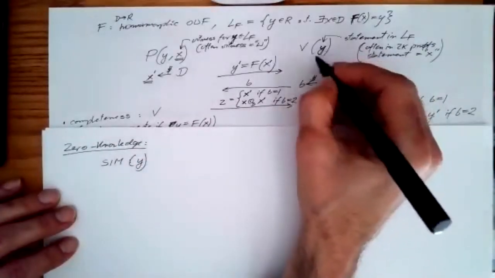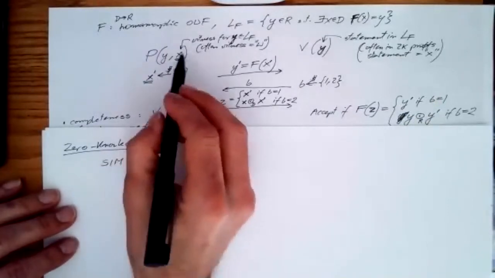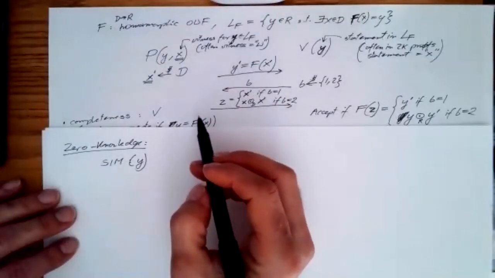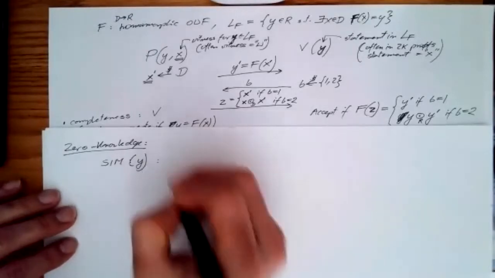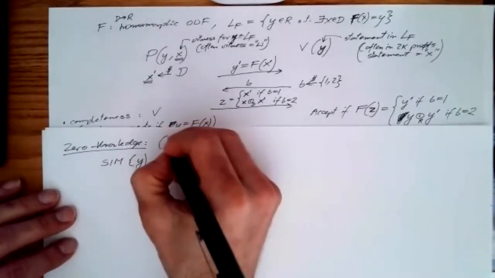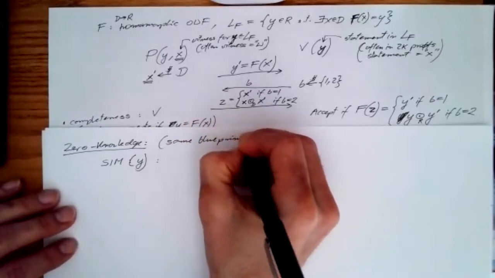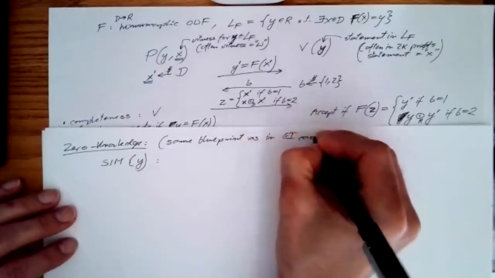The simulator knows only the statement, doesn't know the witness, doesn't know the pre-image. How did the simulation go in the graph isomorphism case? Well, same blueprint as in the graph isomorphism case.